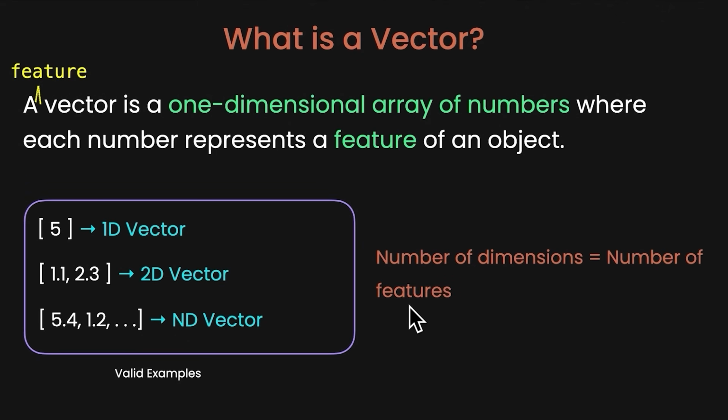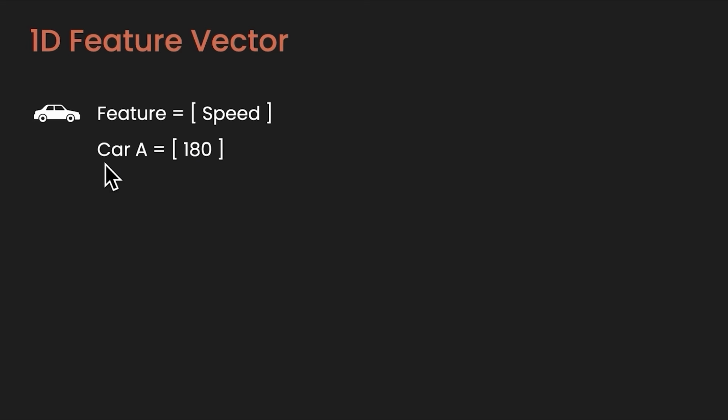Okay, so to make this idea of features a little more intuitive, let's start with some concrete real-life examples. Let's try to describe a car using only one feature. We can represent car A and its feature using a vector. So it's a one-dimensional vector where the feature we are considering is speed.